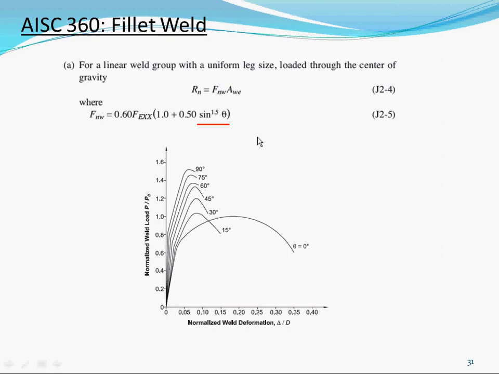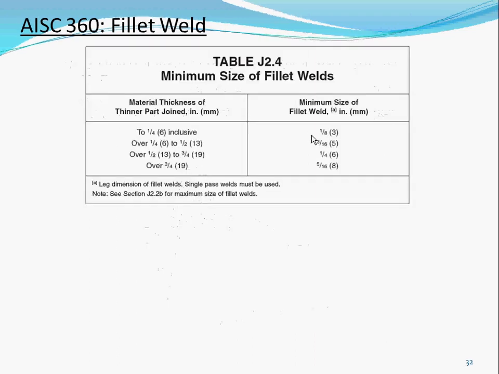Typically it's 0 this way, and sometimes you could load it this way, where the angle starts to change. For pulling this way you get 90 degrees, and for this shear you get 0 degrees.